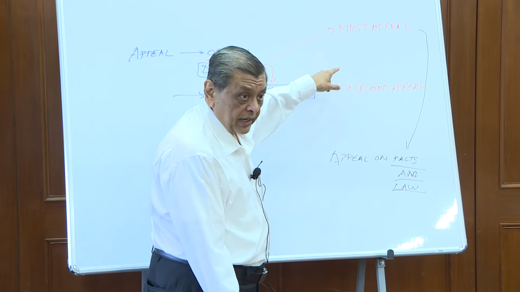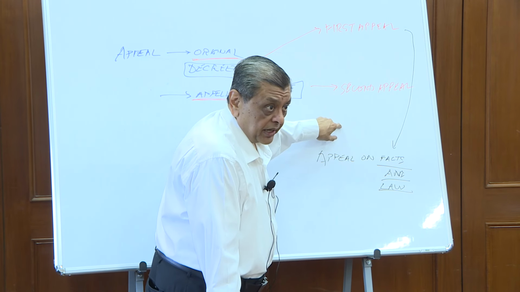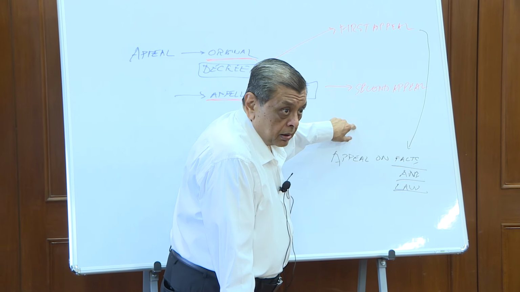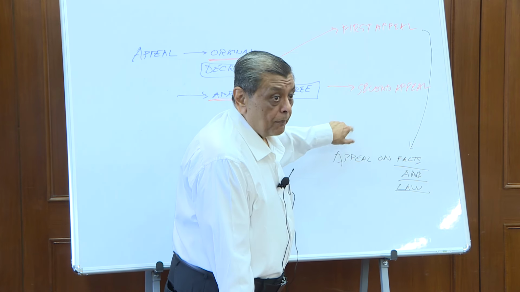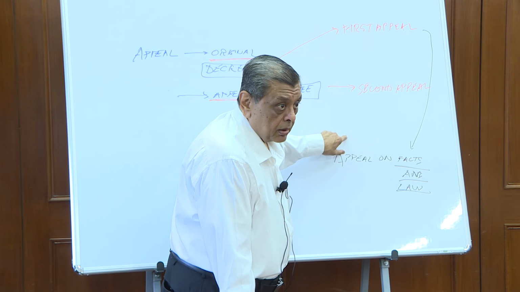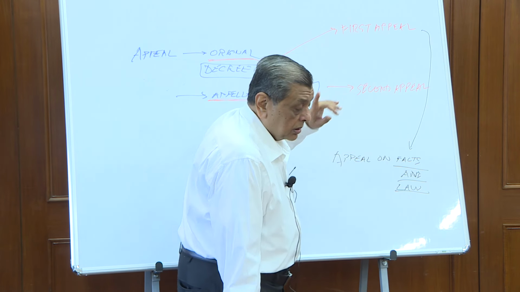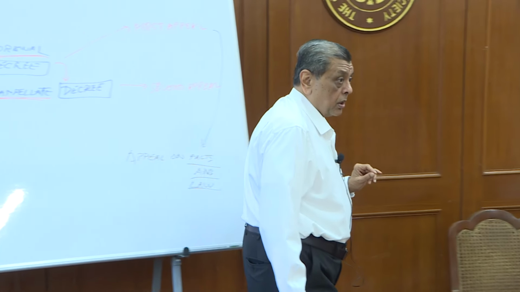So it's a first appellate decree. Second appellate decree, you can't have indefinite bites of the cherry, is far more restricted. This will be on a substantial question of law.